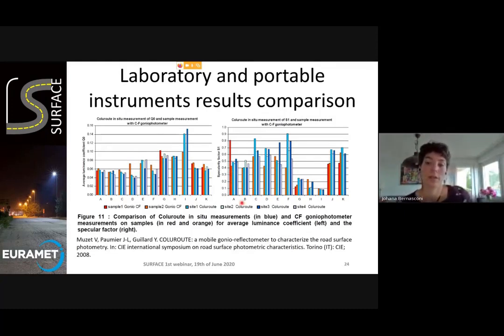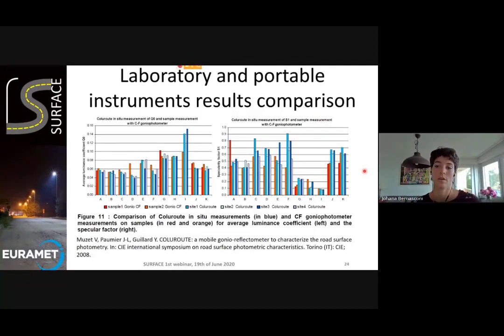Actually, most of the portable devices implement S1 because it's just the ratio between 2 specific illumination angles. Usually, it's implemented directly, so there's no extrapolation or interpolation. So there are also quite large variations because it's very dependent on the state of the road at the specific point.